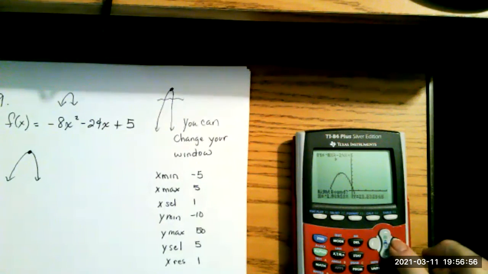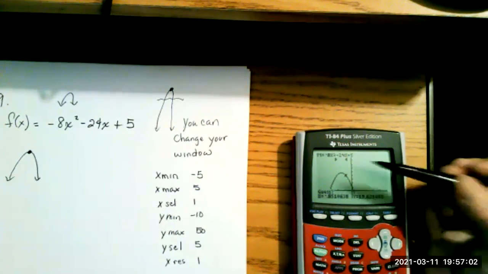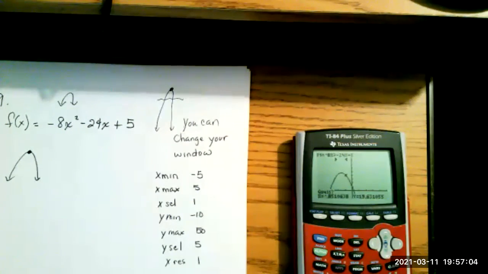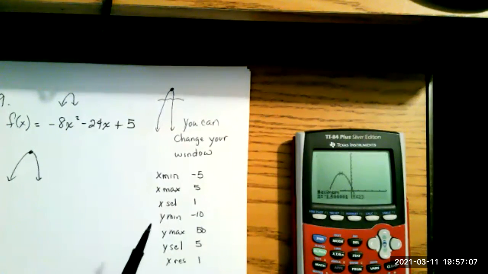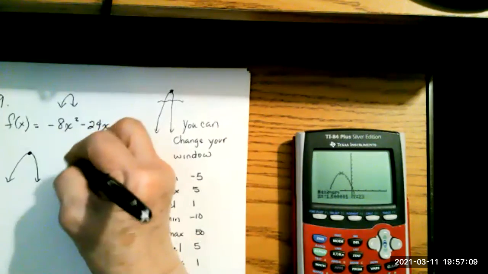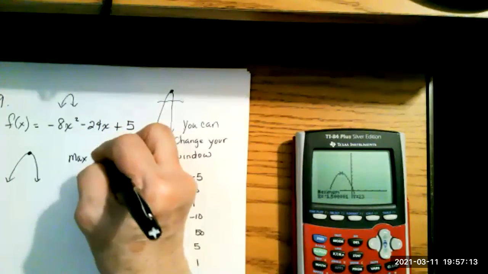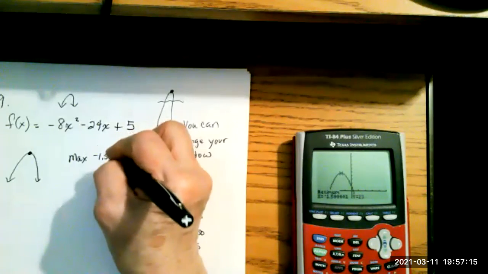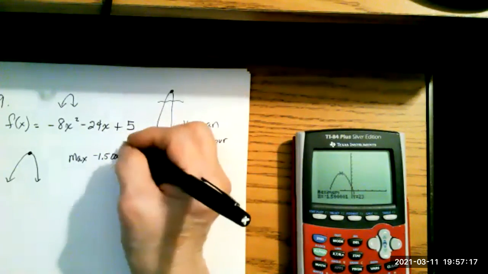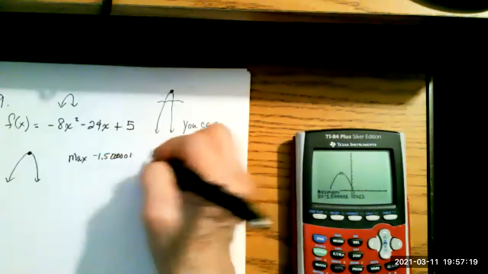Then I'm going to move to the right side of it. It's got to go left to right, and I'm going to hit enter, and notice my 2 little arrows are up there. I'm going to hit enter again, and it's going to tell me my maximum is -1.5, and it's got a bunch of zeros, and then the Y value is 23.